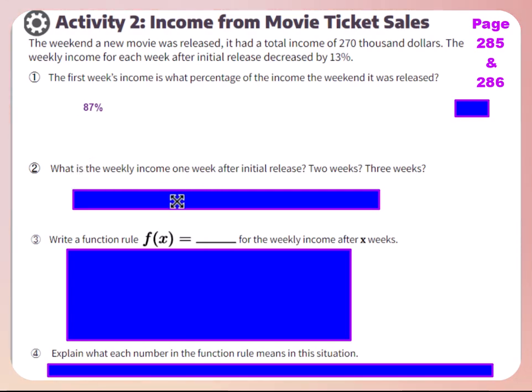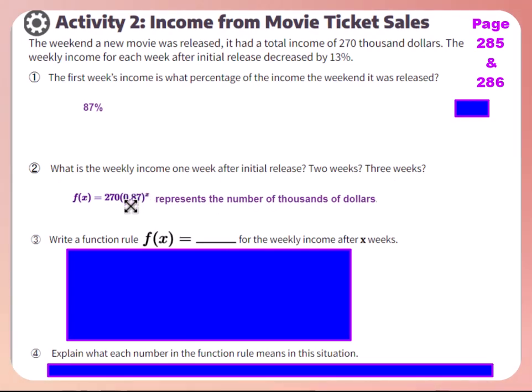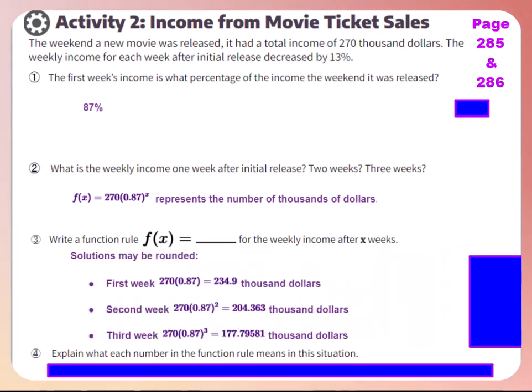What is the weekly income 1 week after the initial release? Okay, we're going to take that 87%, raise it to the first power, multiply it times the initial amount, 270. Okay, write that function rule. The initial amount times 87%, whatever's left over after we subtract 13% from 1, or 100. Multiply that together for the first week, you get $234.9 thousand.